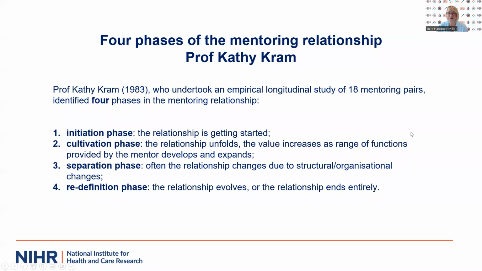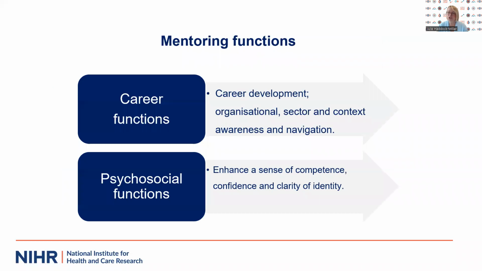So Professor Kathy Cram identified 4 phases in the mentoring relationship: the initiation phase, the cultivation phase, the separation phase, and the redefinition phase, very typically associated with the majority of mentoring relationships. She also identified a number of mentoring functions that tend to align to the phases of the relationship: career functions and psychosocial functions.